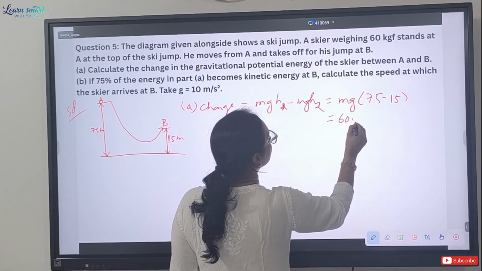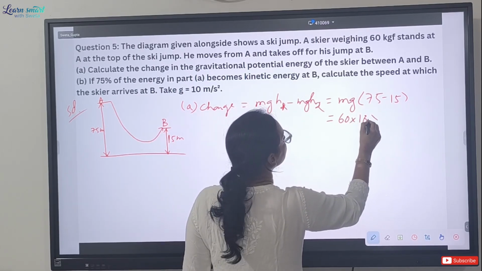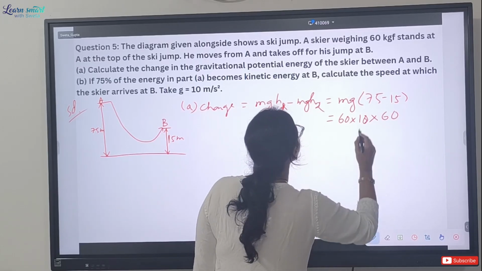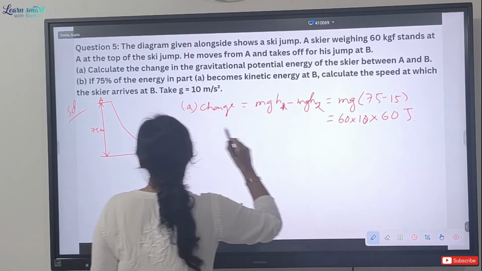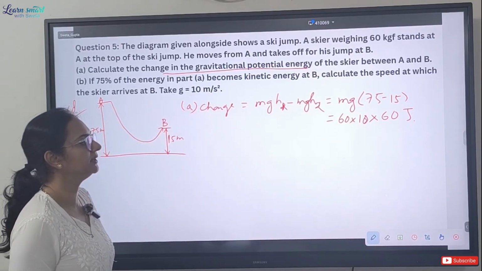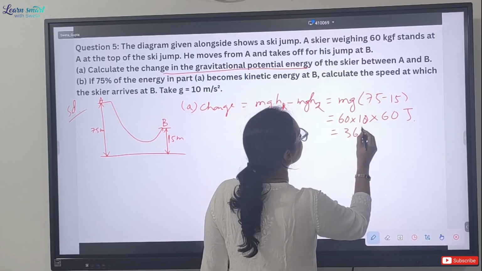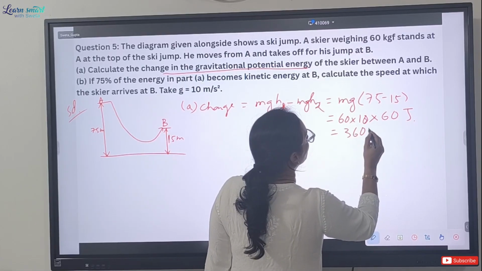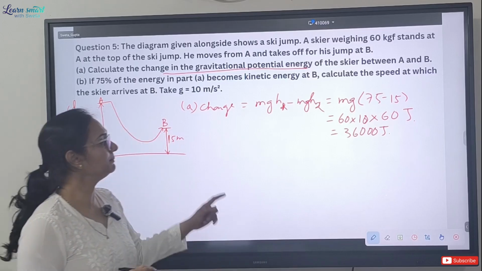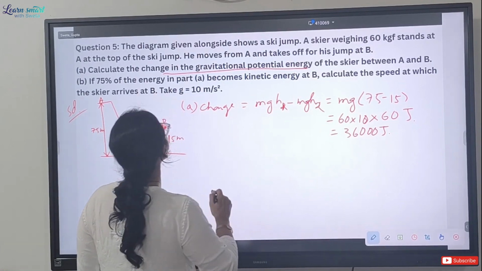So 60 into gravity 10 they have told to take, and 60 into 10 into 75 minus 15, which is 60. So this much is the change in the gravitational potential energy between A and B, and we should calculate that. It will come 36,000 joules. So the change will be 36,000 joules.